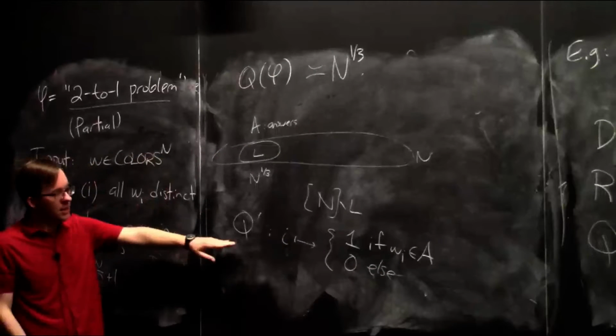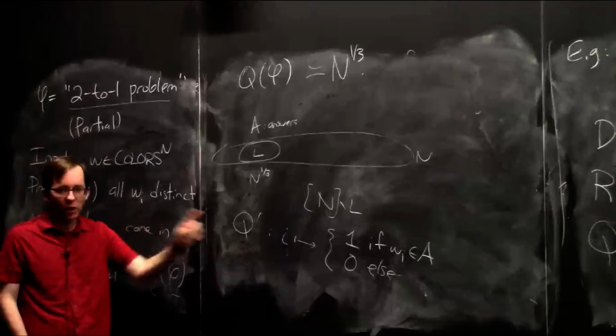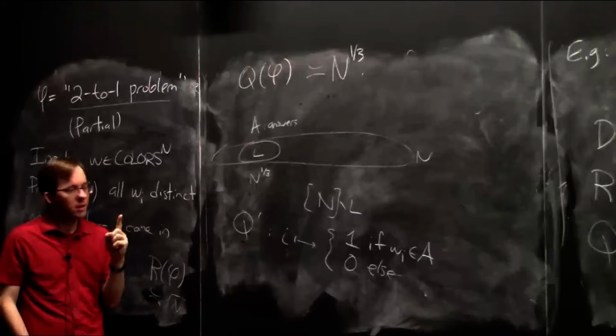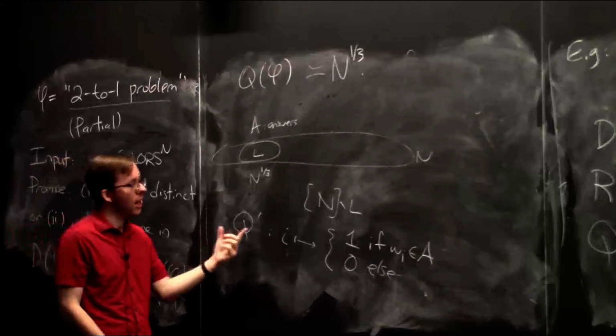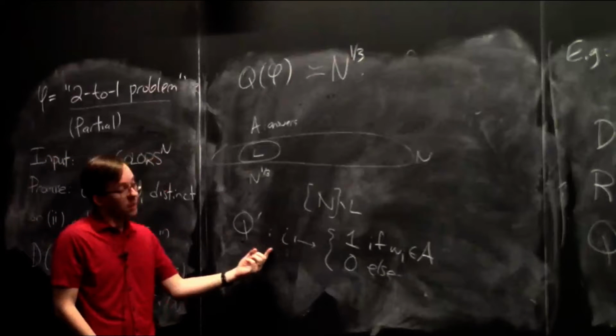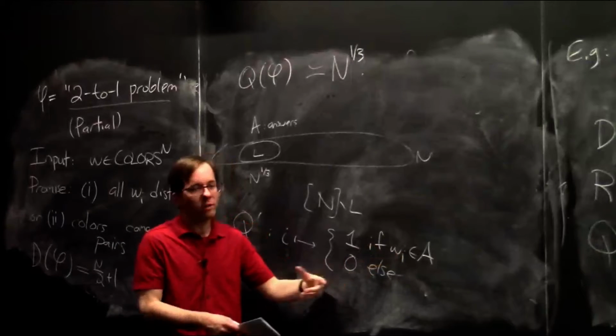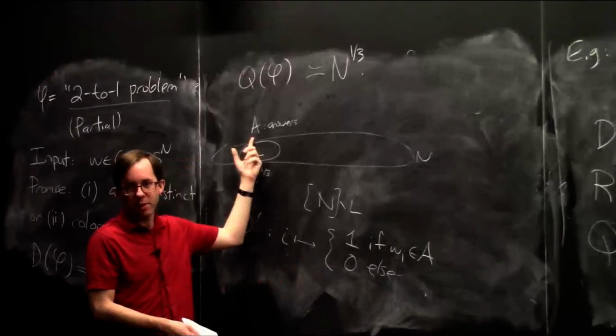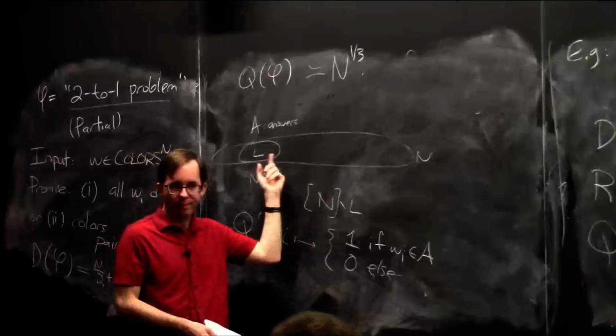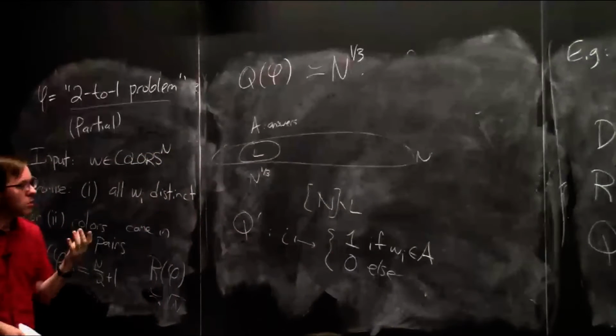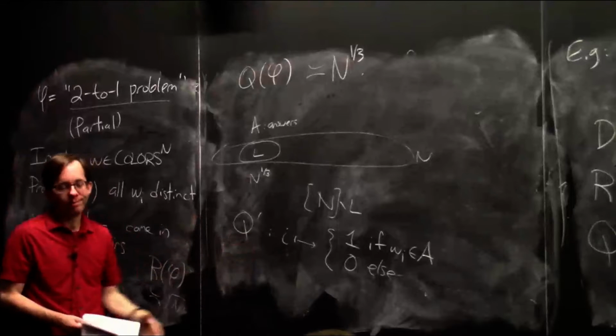And this looks like a sophisticated query, but it actually only costs you 1 every time you query it. Because if you want to know what is Q prime's value on i, you basically just have to query Wi. And then you get some color, and you already know all these answers A. You've got them in the bank, so you can just look them up.